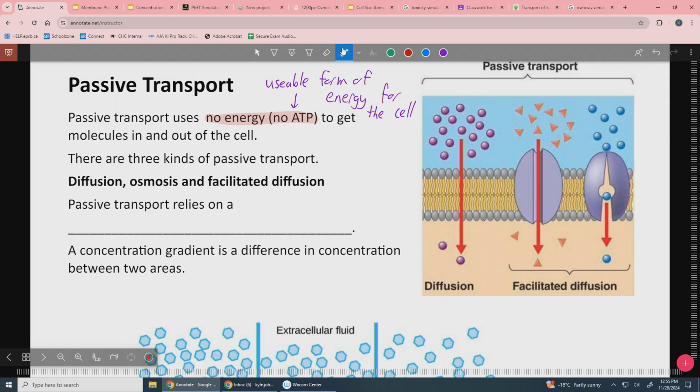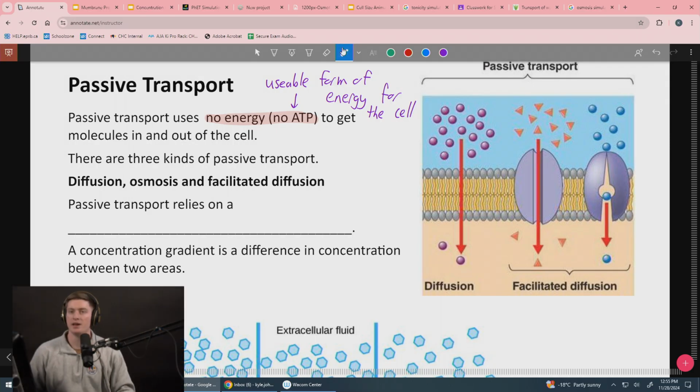Back when we were talking about the different cell organelles, we said that ATP is made in cellular respiration, and it is one of the usable forms of cell energy. Every time your cell wants to do anything, it needs to spend ATP. Think of it like money for the cell.